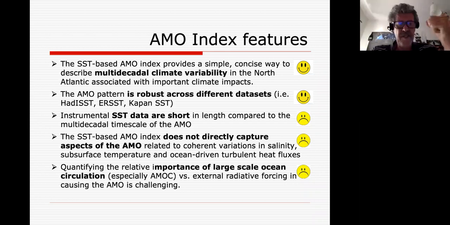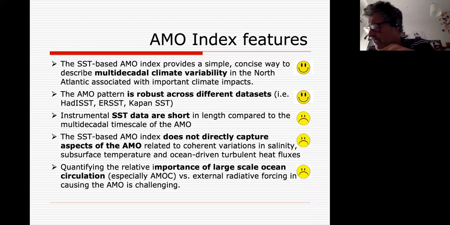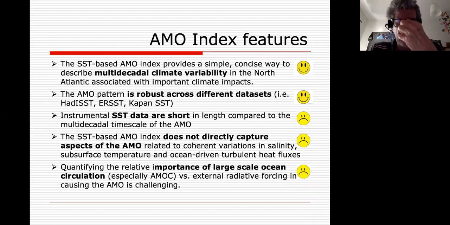The news is that the AMO pattern is robust across different data sets. There are some reconstructions of the past SST made by different institutes, and the AMO pattern is robust. It doesn't depend on which kind of data set has been chosen to do the analysis. This is a good point.